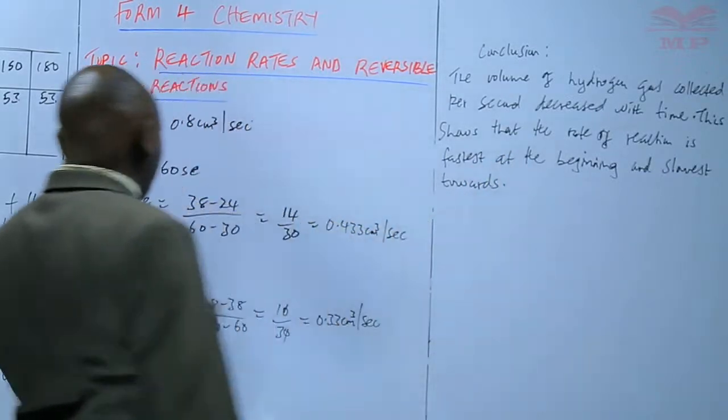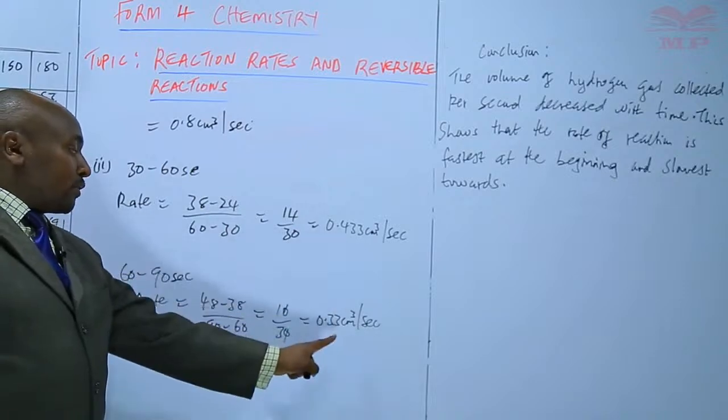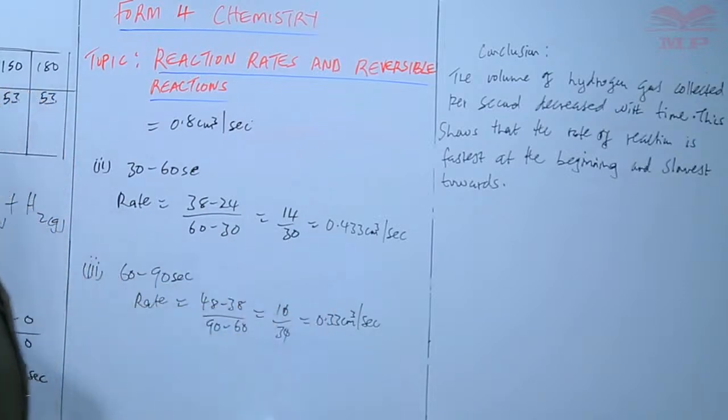So towards the end, the rate of reaction is decreasing, 0.8, 0.4, 0.3. It goes on decreasing until finally the rate of reaction stops, because you can see the volume of hydrogen gas is not changing. So the reaction has stopped at 150.